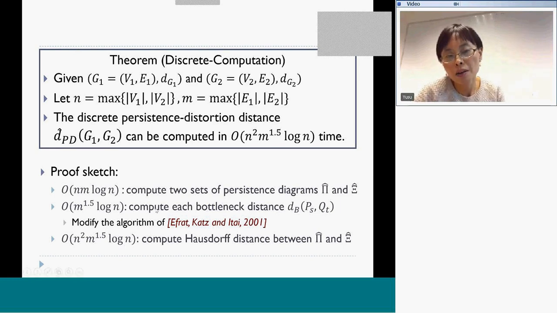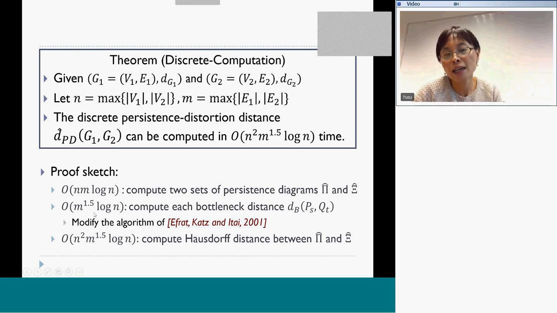And here's a slight twist. The bottleneck distance between two persistence diagrams can be computed using the general Hungarian algorithm, but actually one can modify the algorithm proposed by Eppstein and his co-authors, which is used to compute the bottleneck distance between two planar point sets, to compute the bottleneck distance between two diagrams in n to the power of 1.5 log n time, which is much more efficient than the Hungarian method.